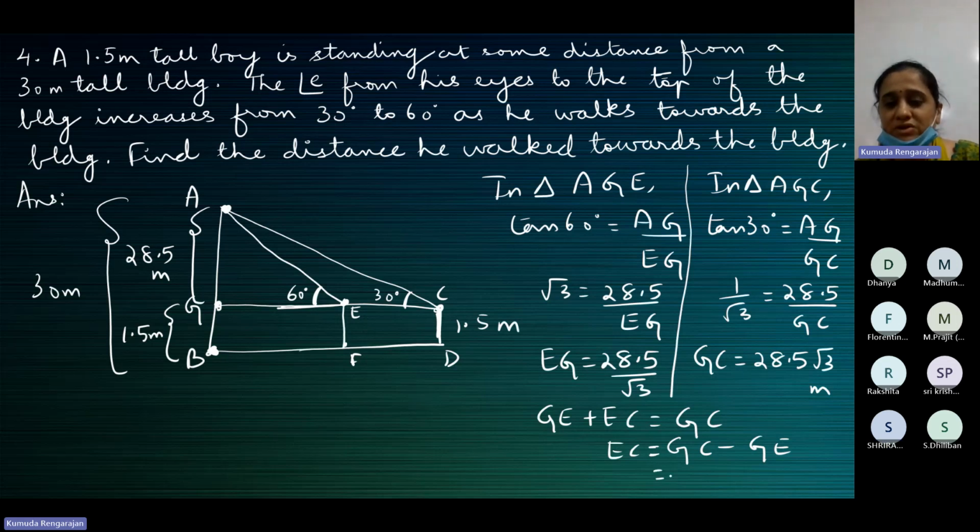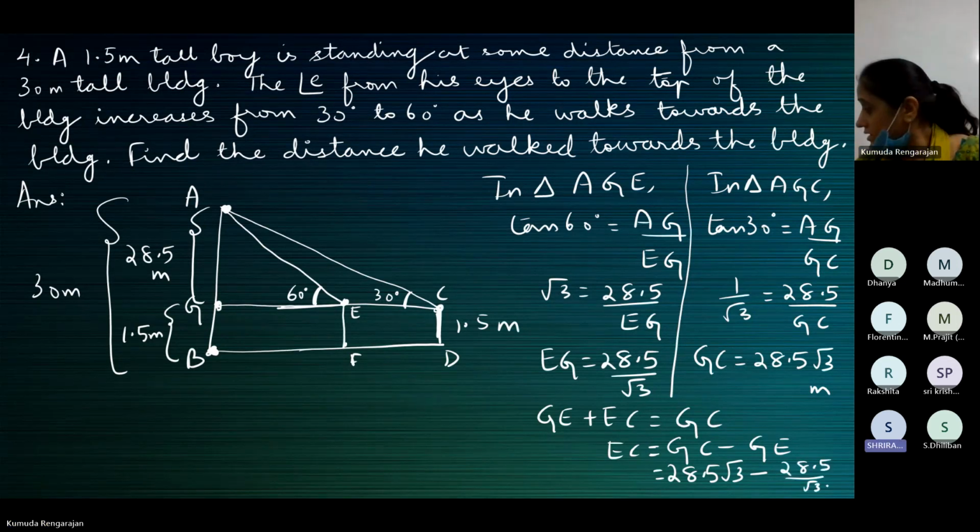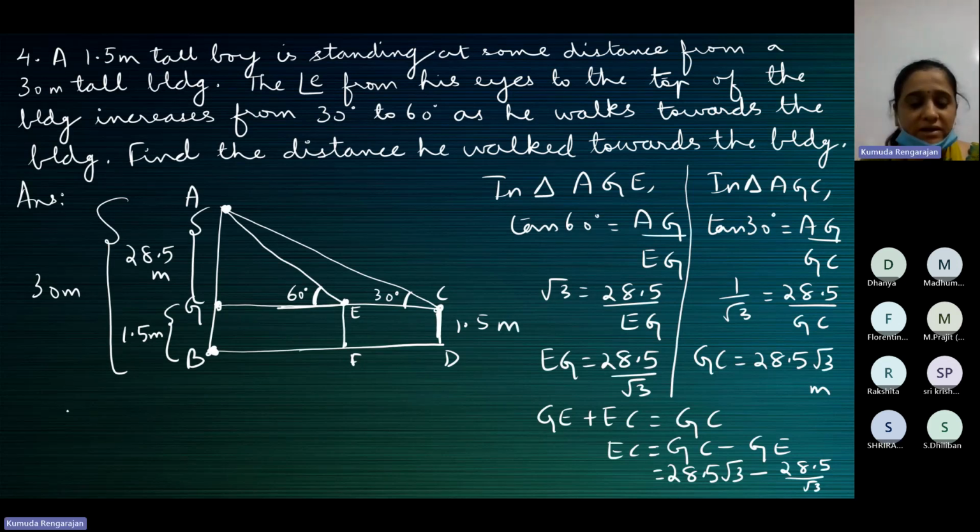So GC is 28.5 root 3 minus 28.5 by root 3, correct? How do you simplify that?